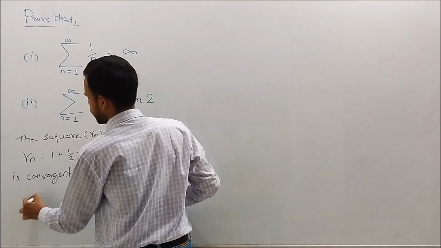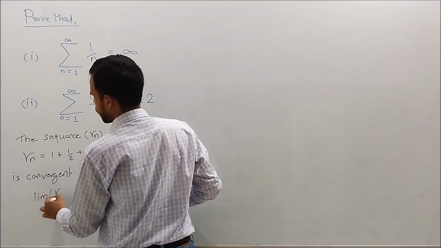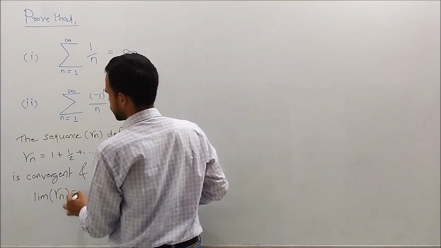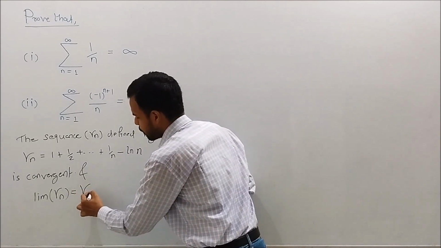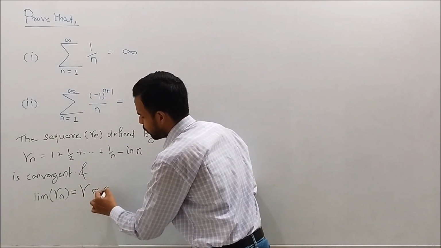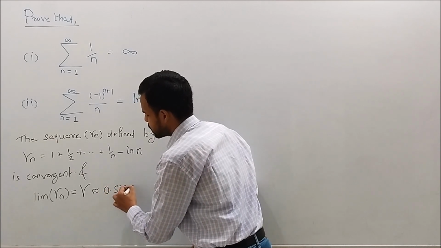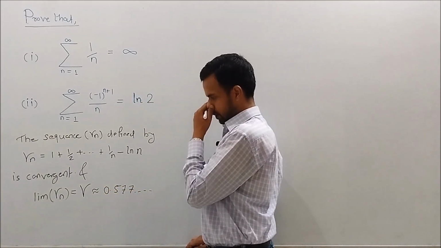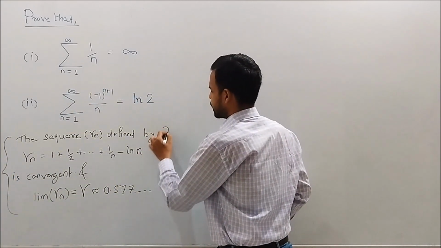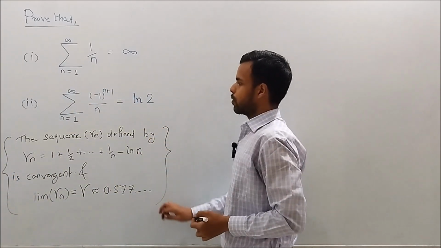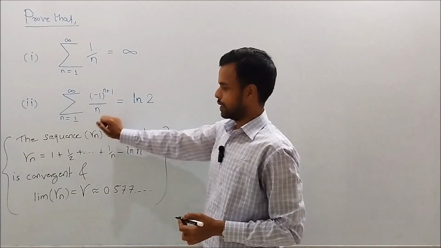The limit of this sequence gamma n is defined as the Euler constant gamma, whose approximate value is 0.577 something. So we will use the convergence of this sequence to establish the convergence of our series.